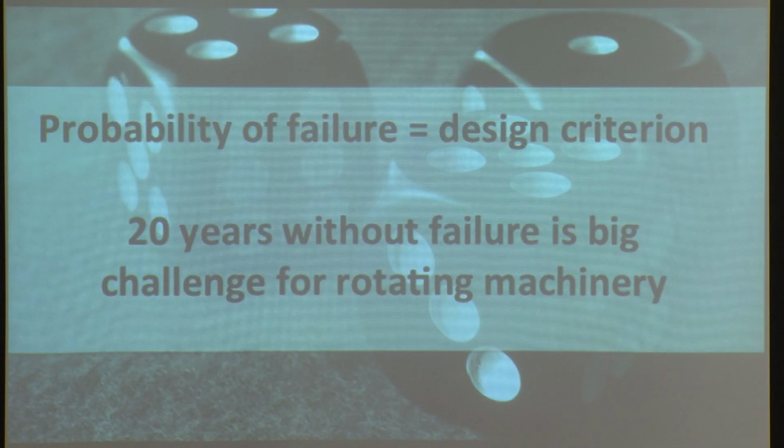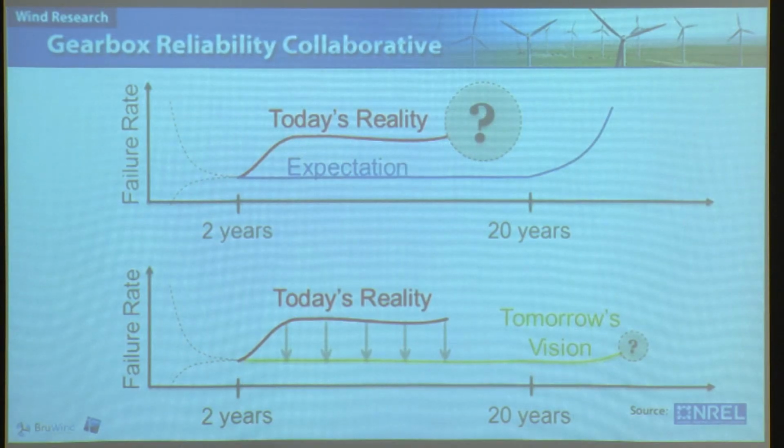20 years with a turbine is a long time. Especially for rotating components that are highly susceptible to load variation, it's a bit of a challenge. Again, I move to the Gearbox Reliability Collaborative. This is reality. So theoretically, you design for the bathtub curve.